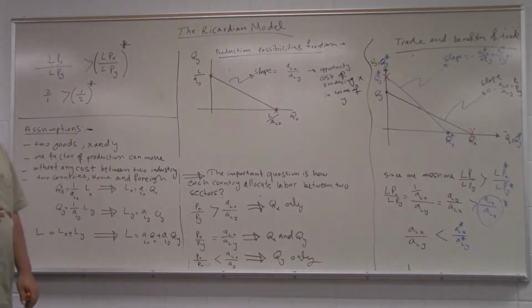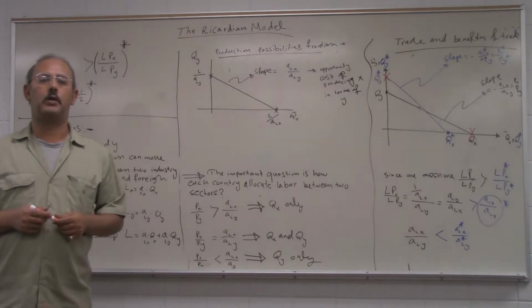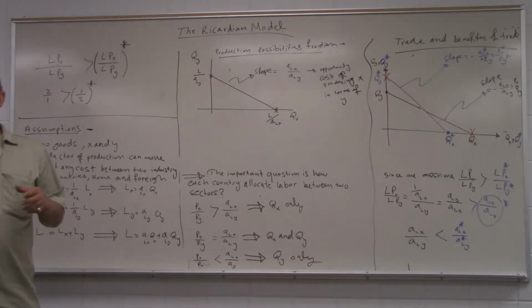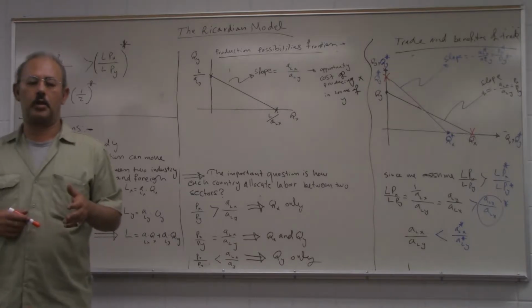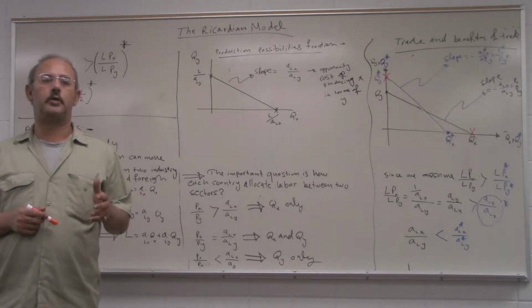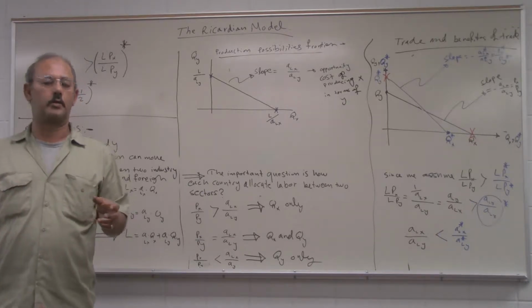The Ricardian model is based on the idea that there are differences in labor productivity in producing different goods, and differences in labor productivity between countries in the production of specific goods.